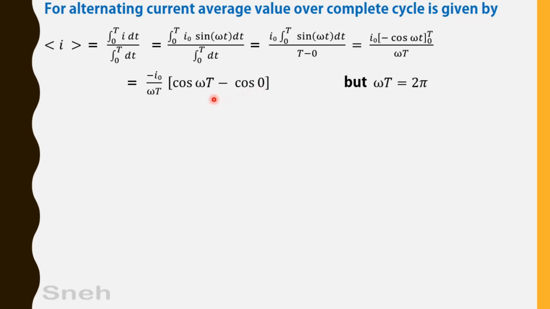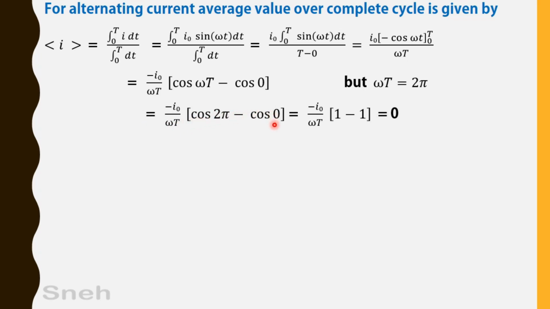Now we substitute the value of omega T. We know that omega T is equal to 2 pi. So if I substitute that, I get minus I0 upon omega T, cos of 2 pi minus cos 0.